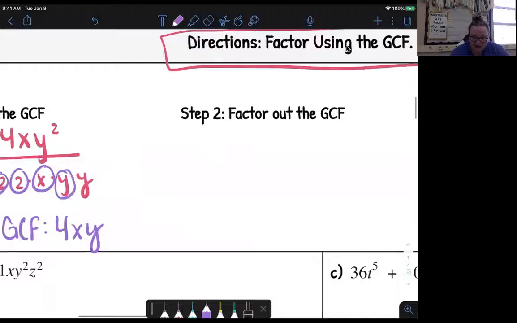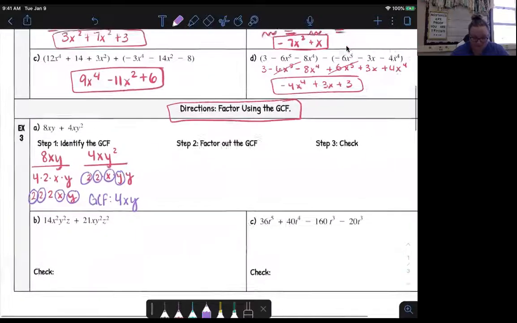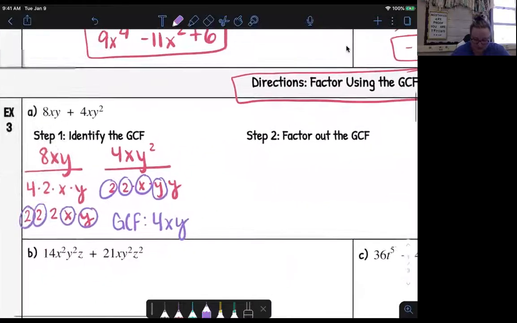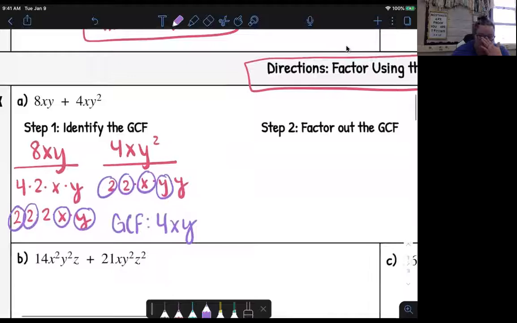So we're going to factor out that GCF. So if I factor out, sorry, I'm going to zoom in so we can see my screen a little better here. If I factor out that GCF from both of those terms, I'm going to factor out 4xy, and I'm going to put it outside of the parentheses. So then what I have left in the parentheses is what's left in both of those terms. So as you can see, there's a 2 left in the 8xy. If I factor out a 4, an x, and a y, 2 would just be left.